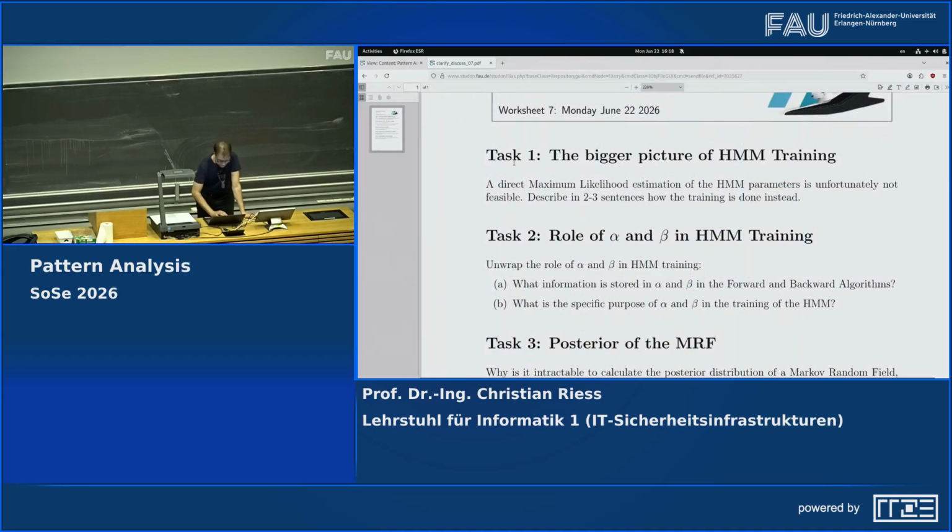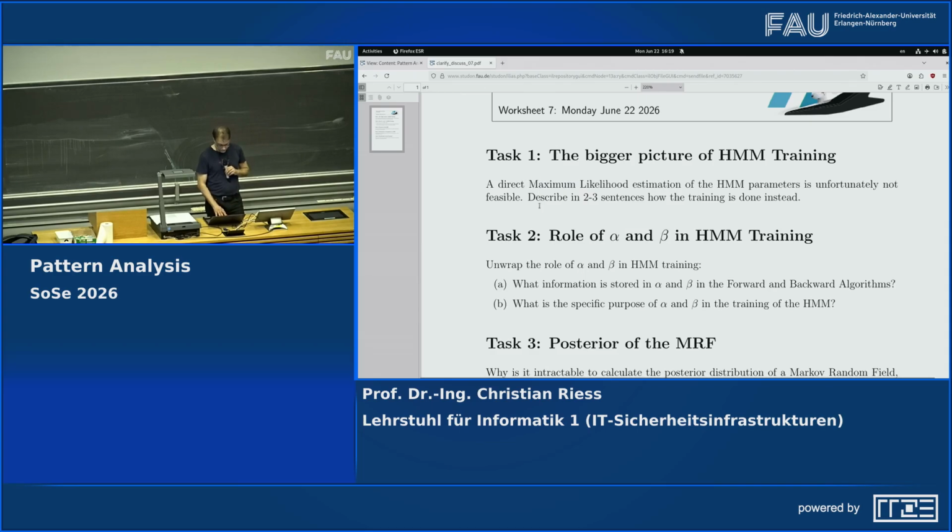I would like to discuss a little bit the hidden Markov model training. A direct maximum likelihood estimation is not feasible to get the hidden Markov model parameters. So as a general question, how is it done instead? What is the approach to mitigate possible problems that might occur in this direct maximum likelihood estimation?